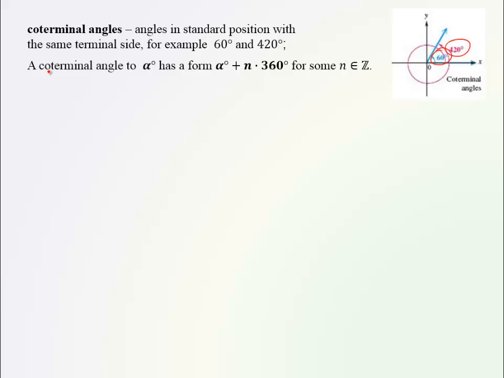So generally, an angle is coterminal to a given angle alpha if we can express this angle as alpha plus a certain number of times 360, where n is an integer. It could be alpha plus 1 times 360, 2 times 360, or it could be minus 3 times 360, minus 5 times 360. It's infinitely many. Any integer produces another coterminal angle.